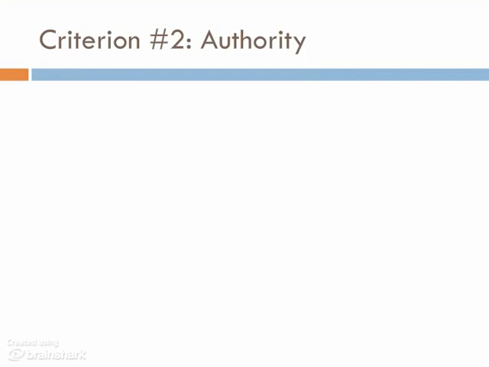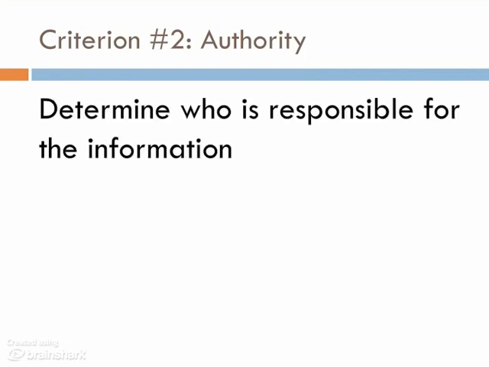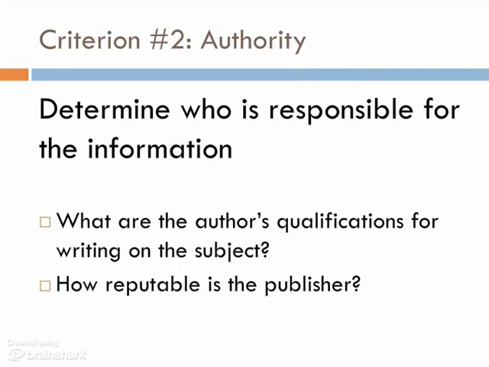The next criteria is authority. You want to determine who is responsible for the information, who wrote the information in the first place, and also who decided to publish this information as well. Here's some questions that you can ask. What are the author's qualifications for writing on the subject? Is the author a reputable person in the field?